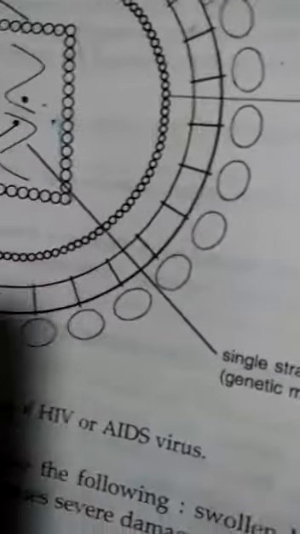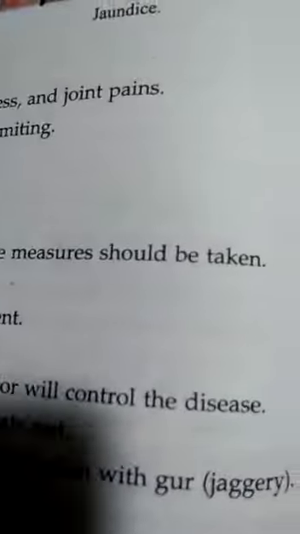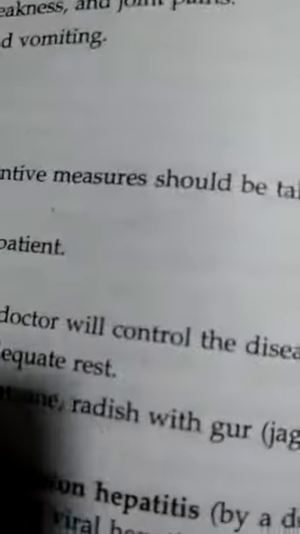Now, how does this HIV virus spread? It causes AIDS, which stands for acquired immunodeficiency syndrome. It is a fatal disease. The disease of AIDS is caused by this retrovirus, which I have told you.